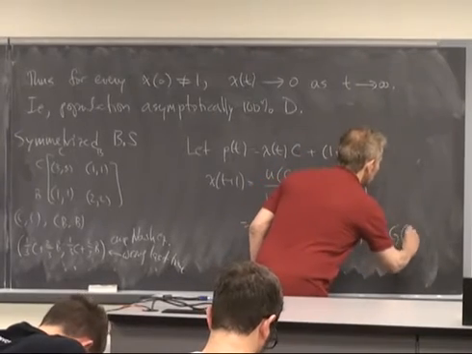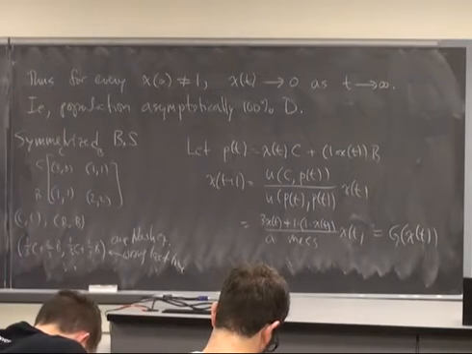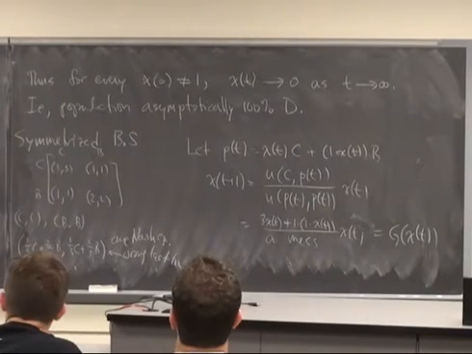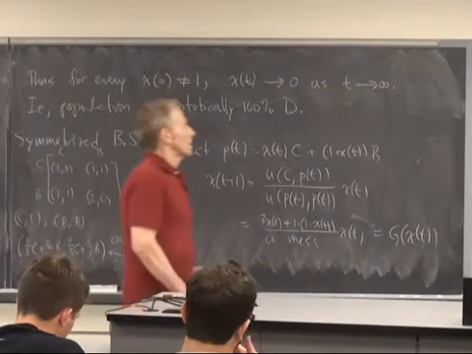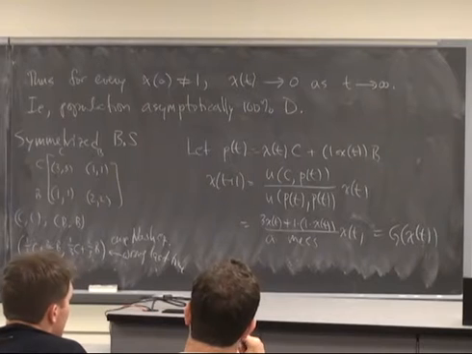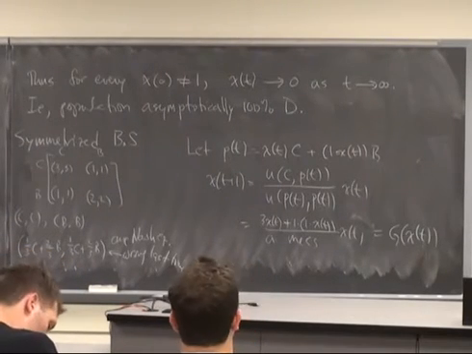And again, I'm going to call this g of x of t. And the mess is not too much of a mess. It's quadratic in x. Nothing to wring your hands about. So what does the g look like for this?